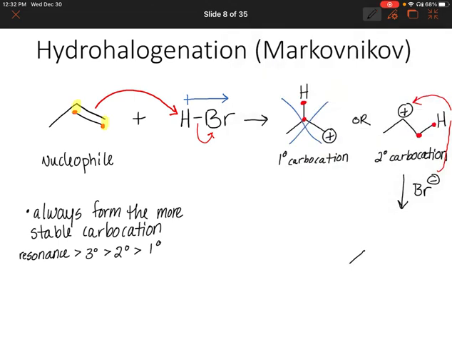So our final product looks like this, where bromine is attached to the central carbon. And this is what's called Markovnikov addition. So it's named after the scientist who did a lot of research on this.